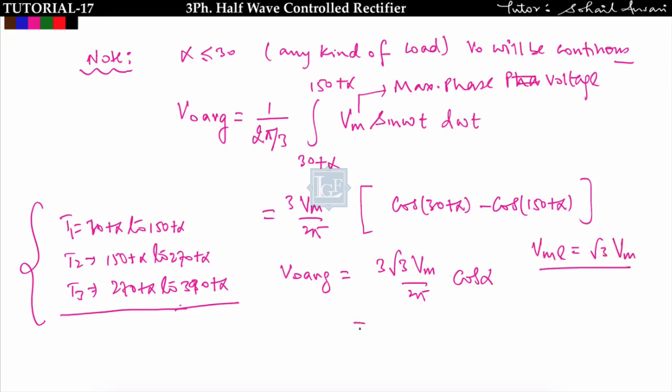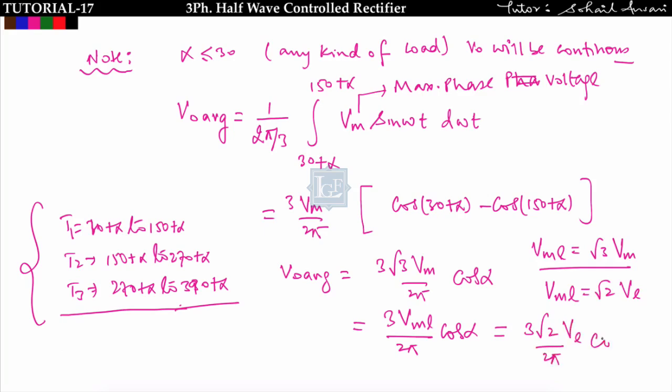So I can also write 3 VML upon 2 pi into cos alpha, where VML is the maximum line voltage. I can also write it in terms of line voltage: VML is equal to root 2 times VL. So I can replace this as 3 root 2 VL upon 2 pi into cos alpha.